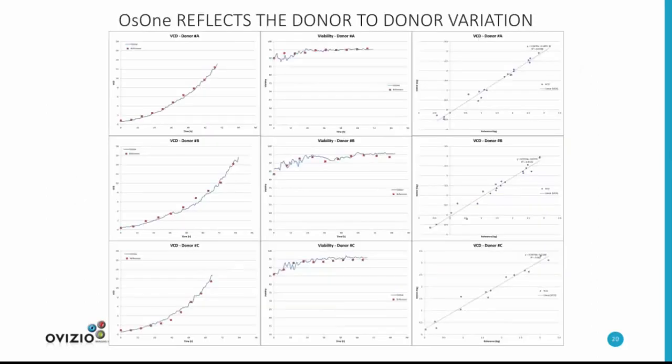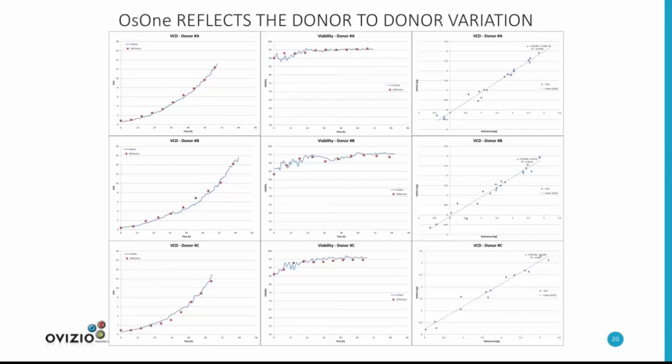What is also important to know is, can OS1 reflect the donor-to-donor variation? Again, the answer is yes. Of course, not all processes will run similar. Some will start with lower cell density at inoculation. Some will grow much faster than others. Some will be a little bit slower. The viability might vary.